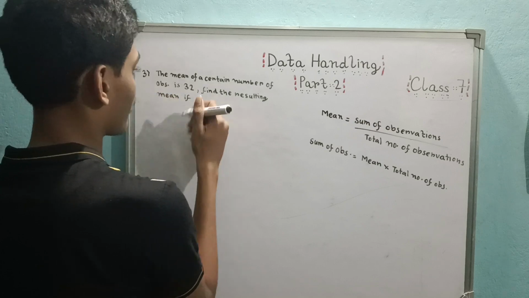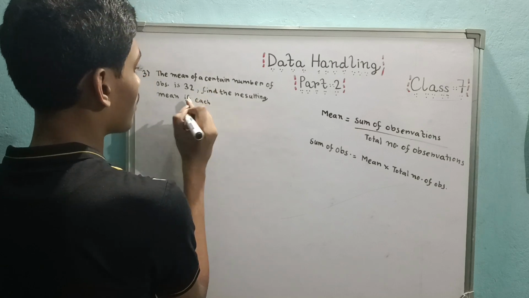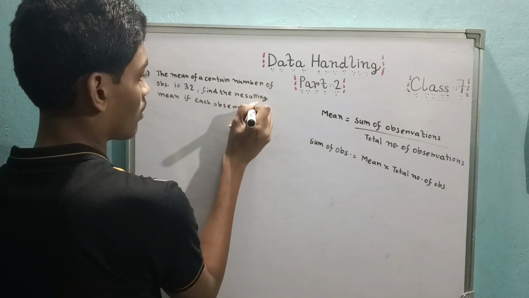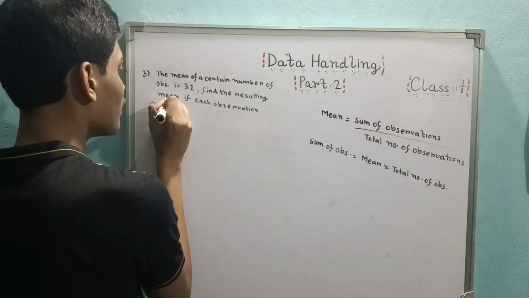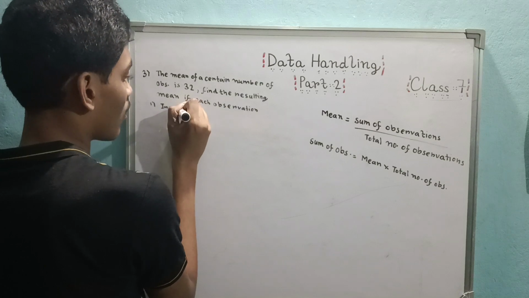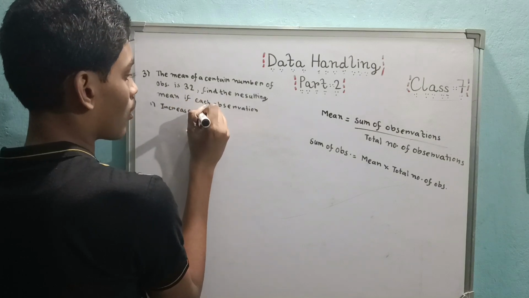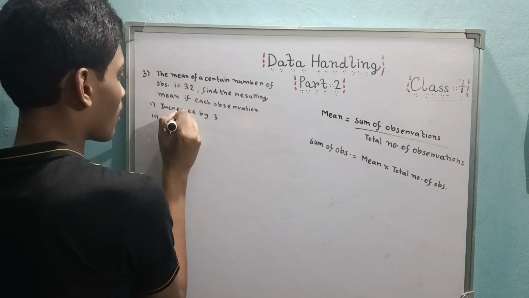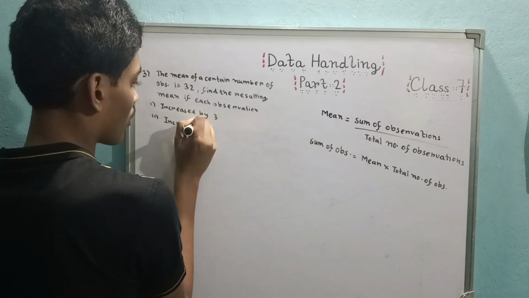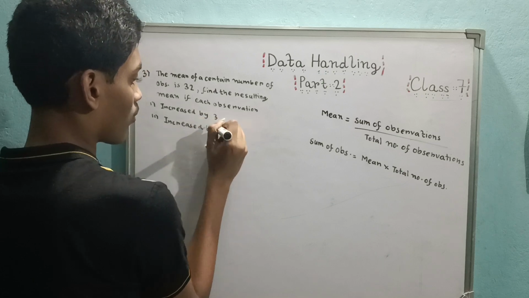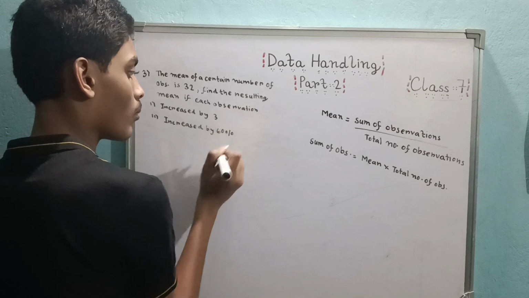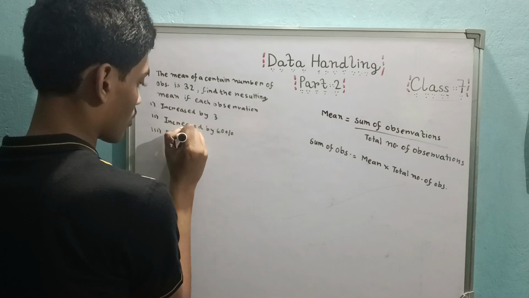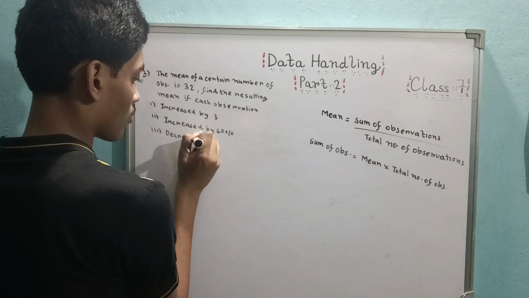In this question there are three cases. If each observation is one, increased by 3, two, increased by 60%, three, decreased by 20%.